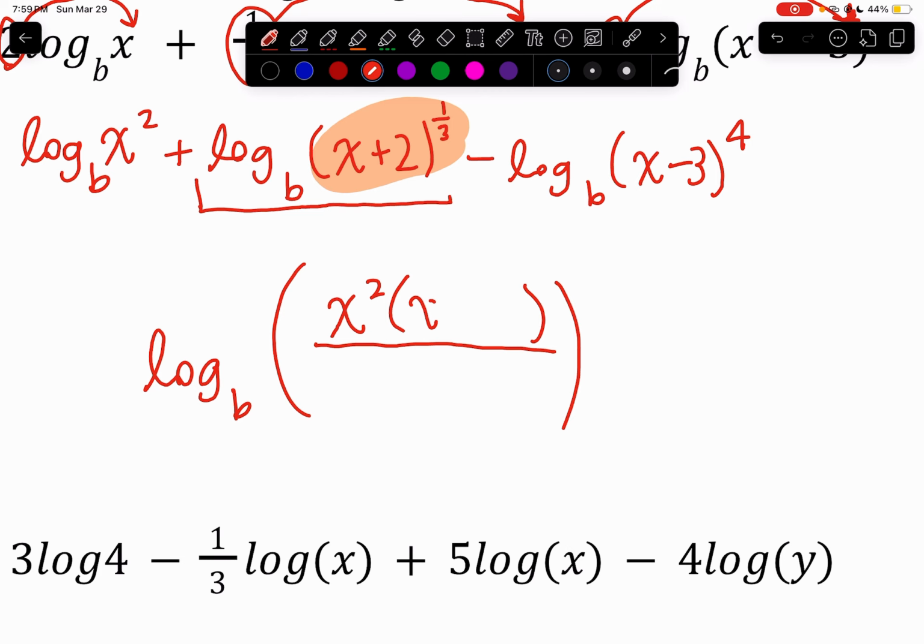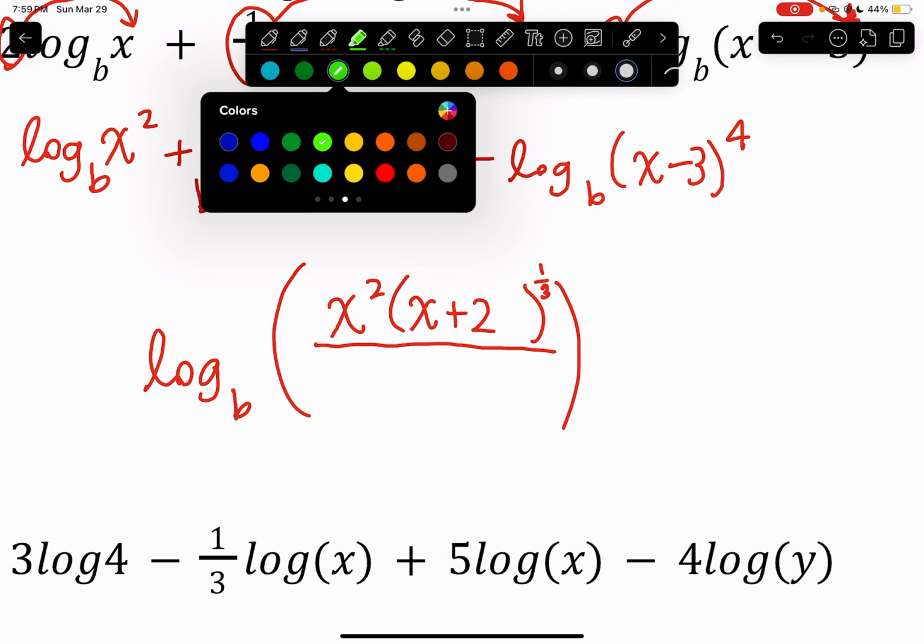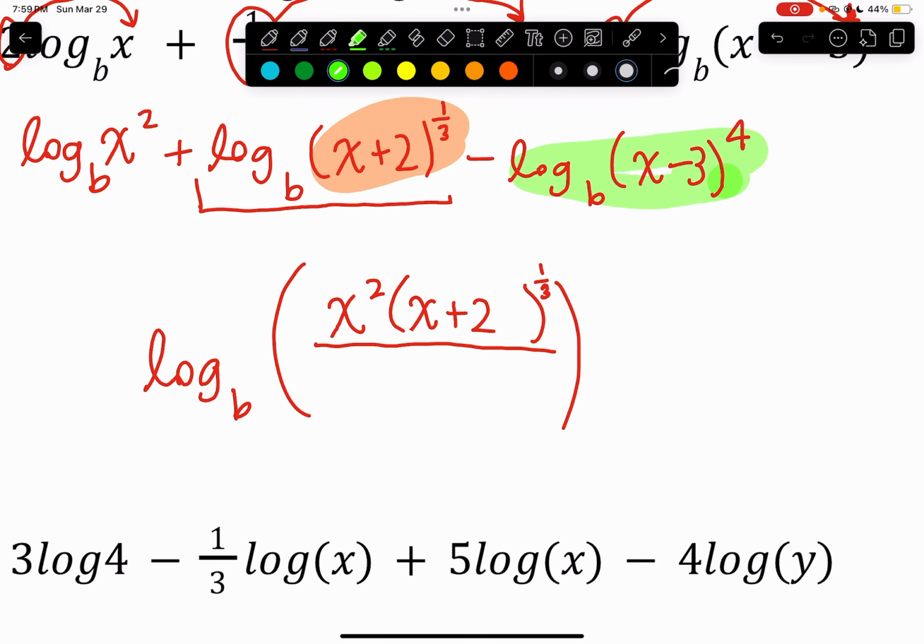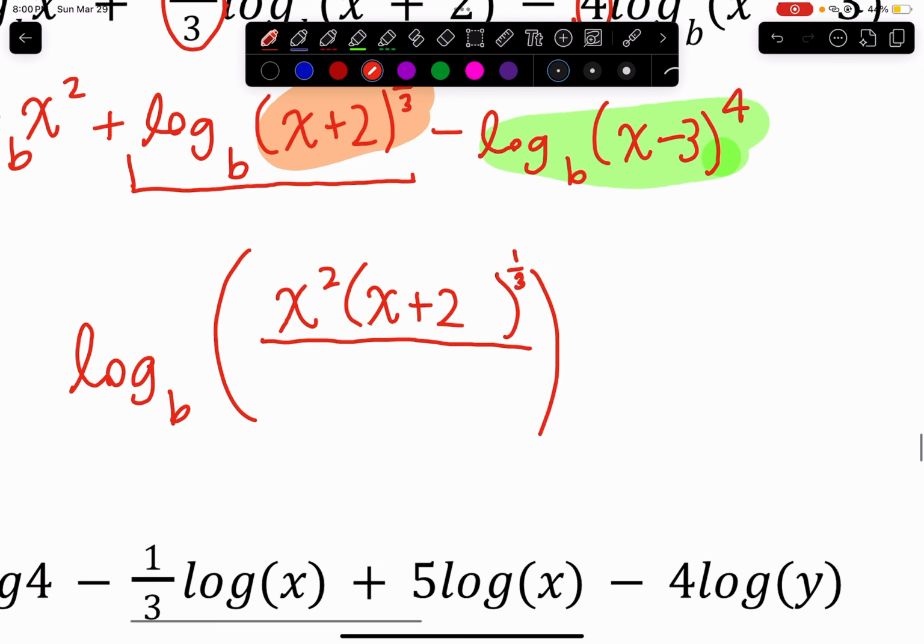So (x plus 2) to the power 1/3. Okay, and then it's getting subtracted by log base b of (x minus 3) to the power 4, which means that this is getting divided by (x minus 3) to the power of 4.